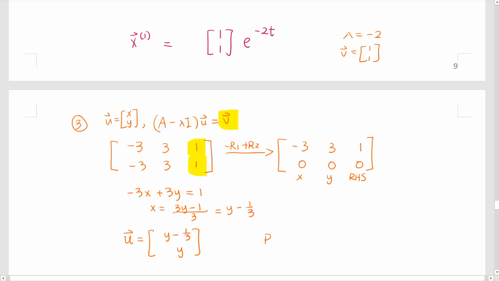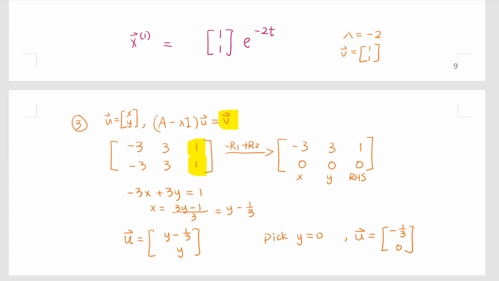So in fact here you can pick y to be any number including 0. So u is then, when we plug in 0, we get -1/3 and 0. Okay, everybody?